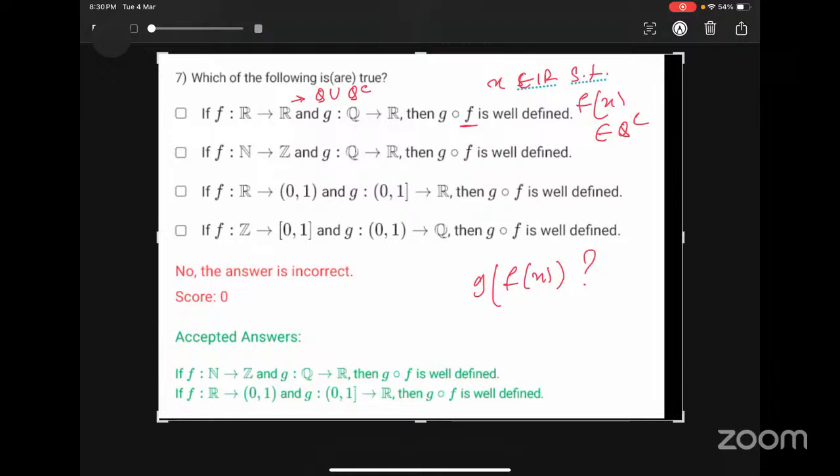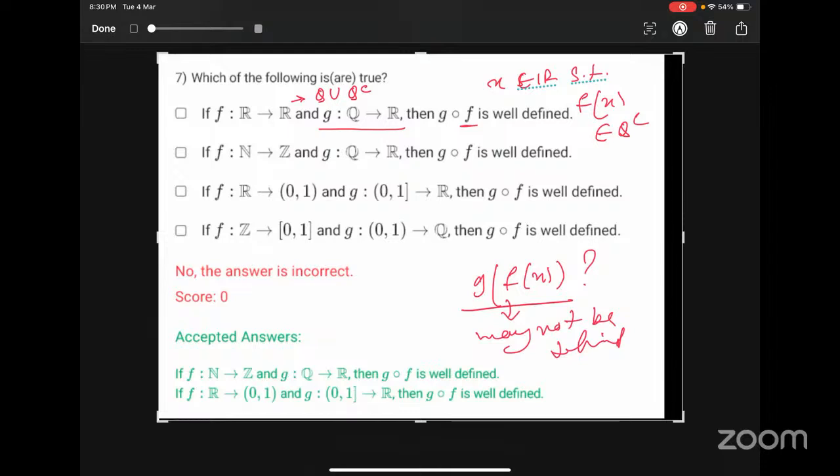Here the domain of g is the rational numbers, so g is only defined for rational numbers. If I take any irrational number, then this may not be defined. That means this function will not always be well defined.